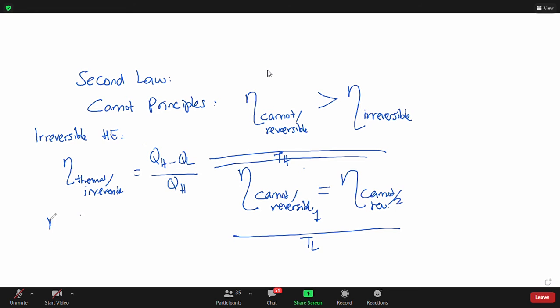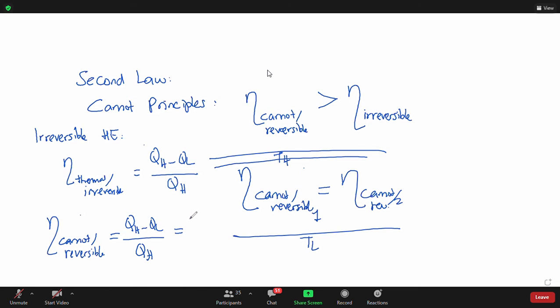But if you have a Carnot or reversible, then that equals QH minus QL, and of course this is maximum work.